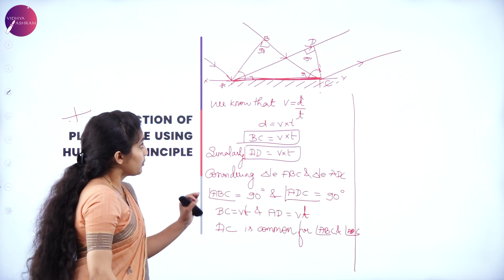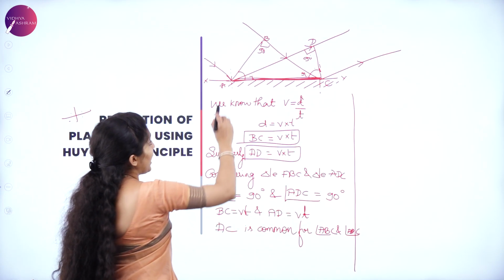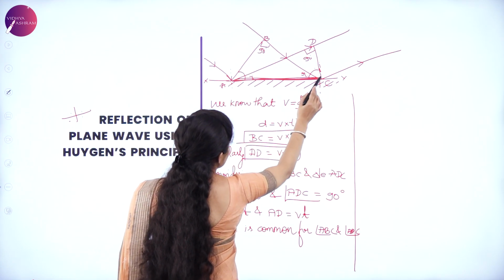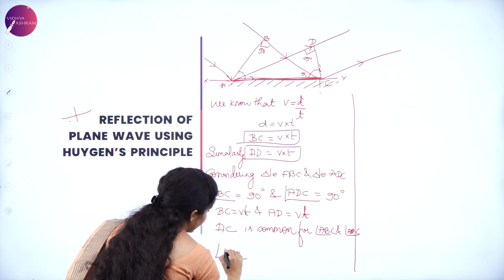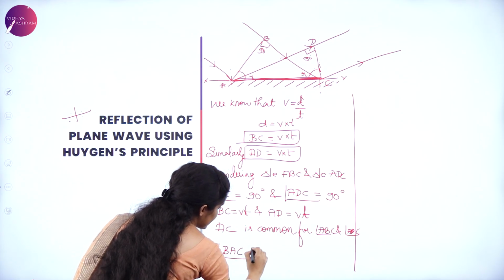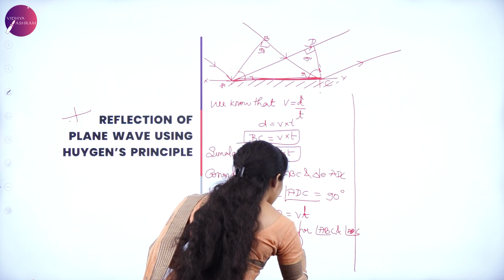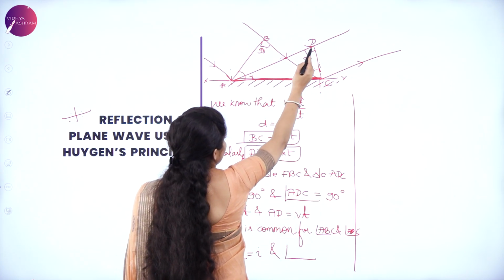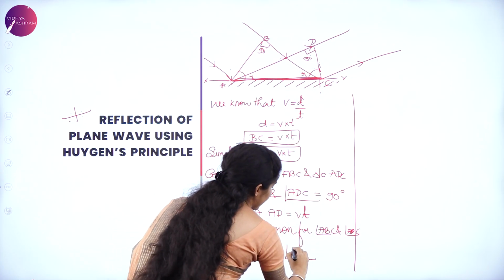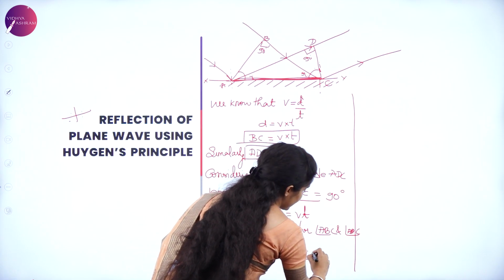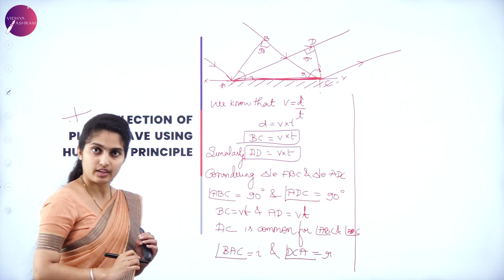Okay, because of which we can say angle BAC is equal to I, right? And angle DCA is equal to R, right?